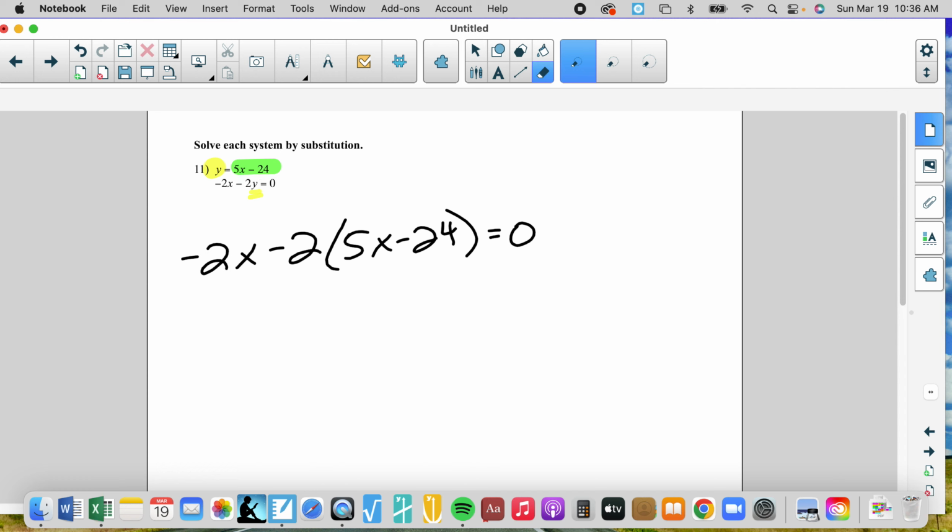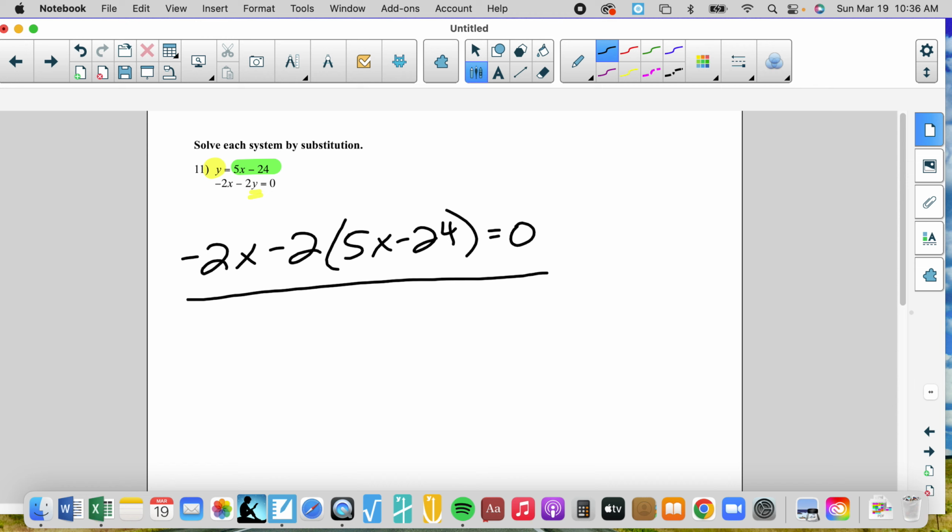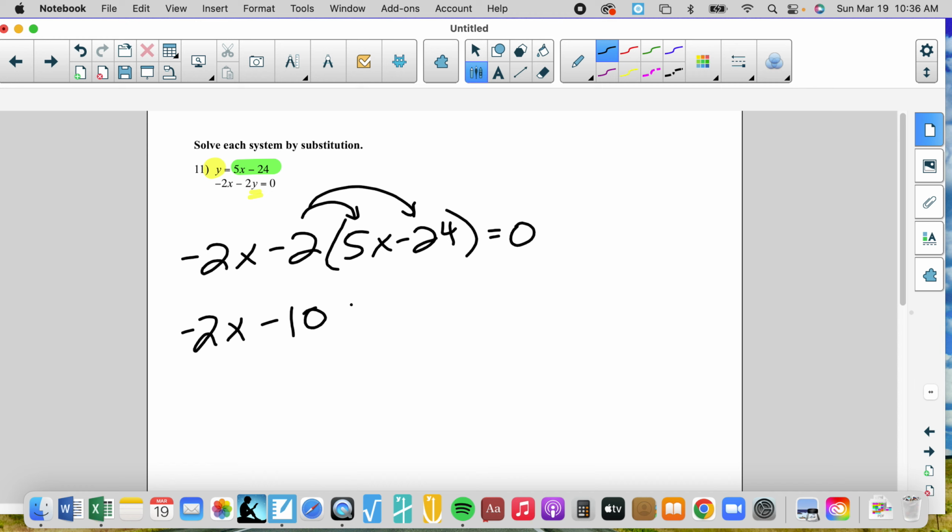And you'll see why it makes sense, because now if we look at our new equation, what do we notice? We only have x's. And since we only have one variable, if we simplify and isolate, we're gonna find out what that value is. So we have to simplify first. We have -2x, and then we have -2 times 5x, which is -10x.